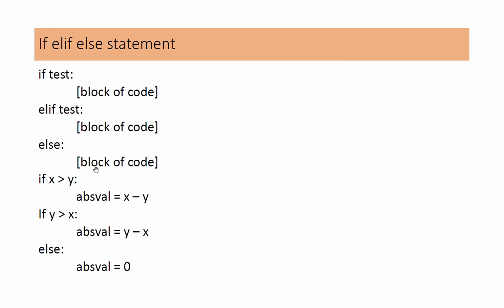And then else is basically a block of code. So if x is greater than y, the absolute value is equal to x minus y. If y is greater than x, the absolute value becomes y minus x. Else the absolute value becomes 0.